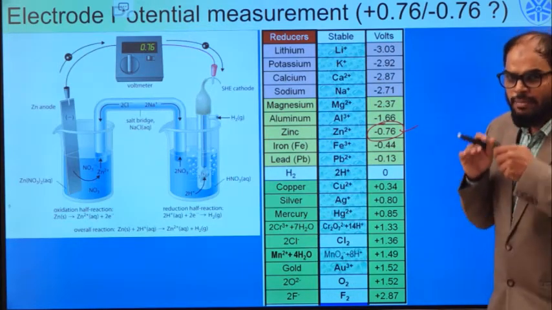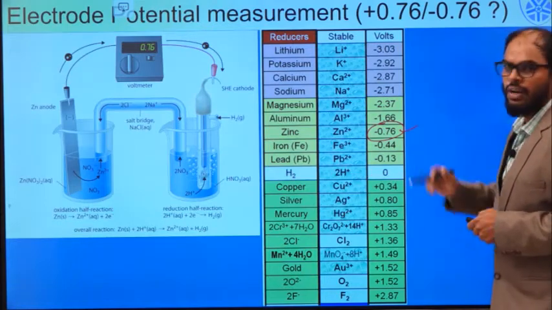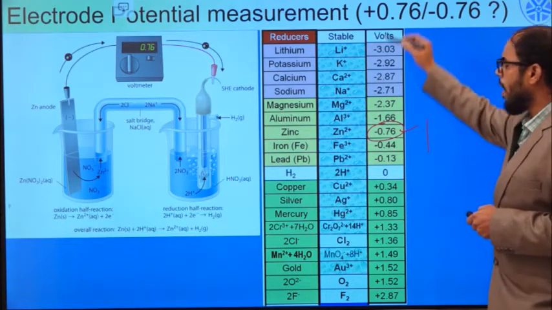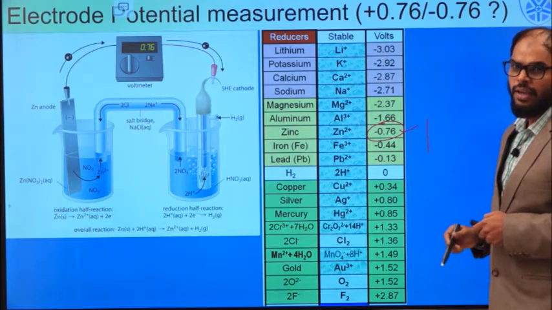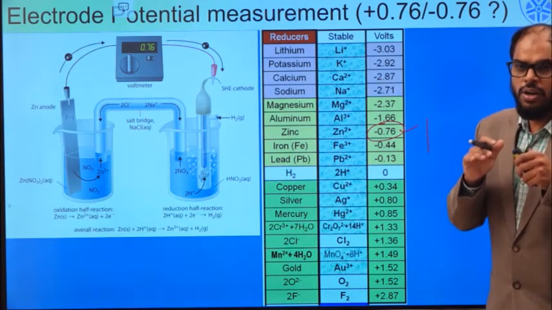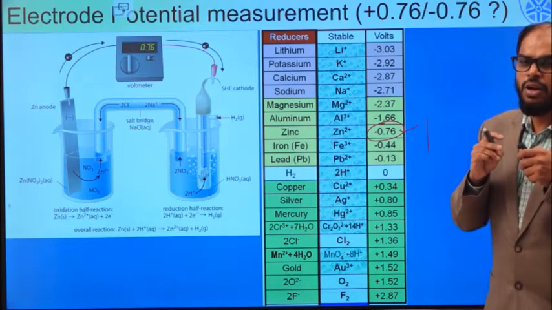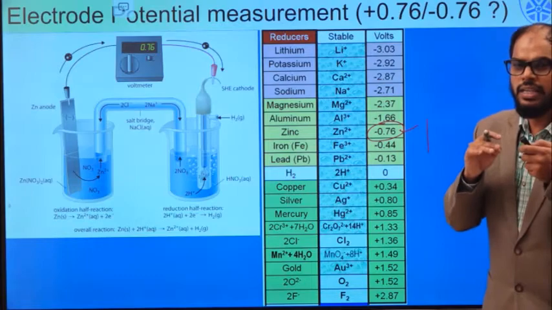So any metals which are placed above the hydrogen electrode have been given a minus sign.